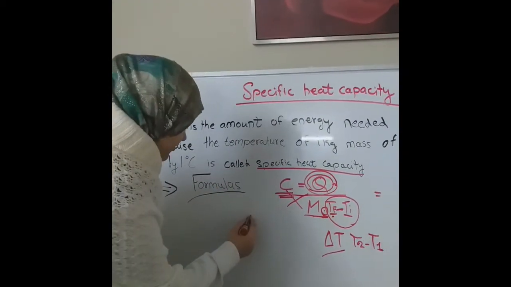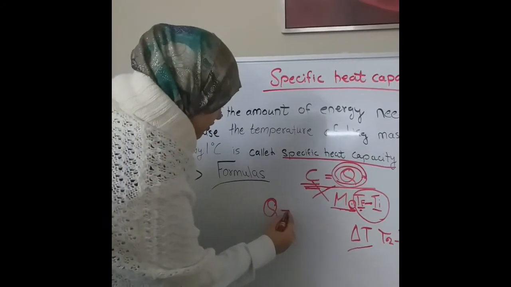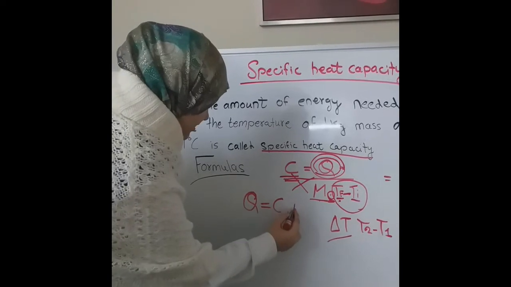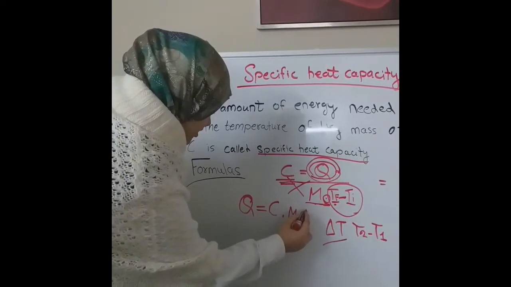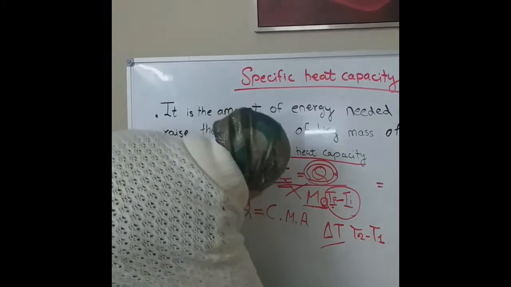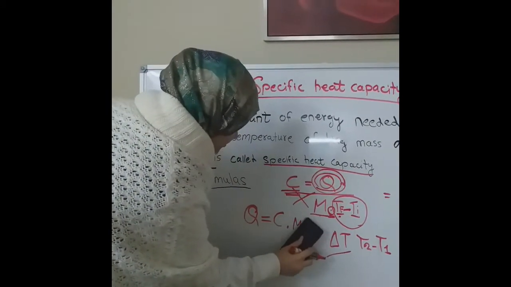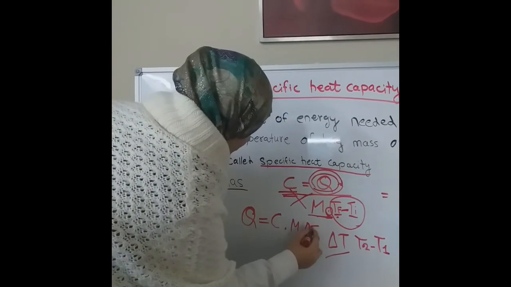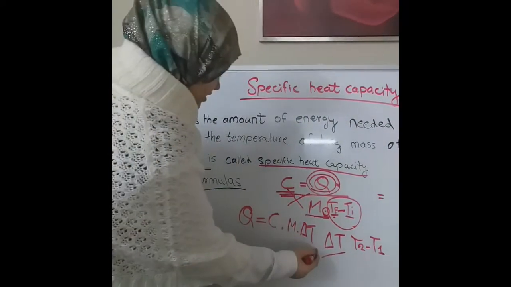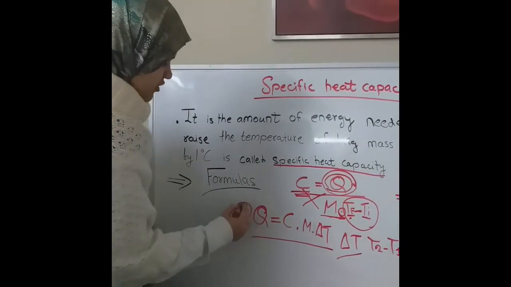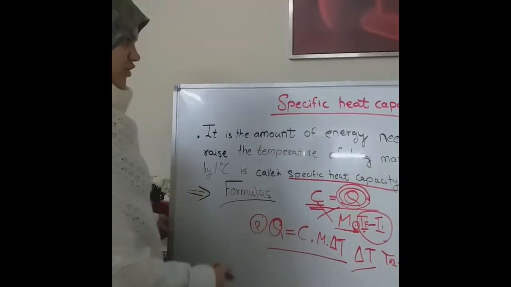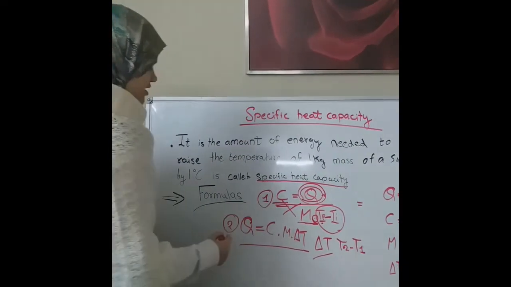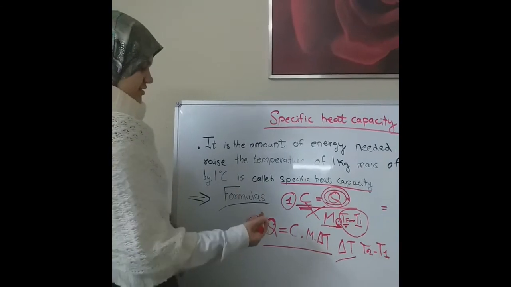After we crisscross, Q equals the specific heat times mass times the change of T. Okay, this is the second formula for the specific heat capacity, and this is the first. Then let us see the third.